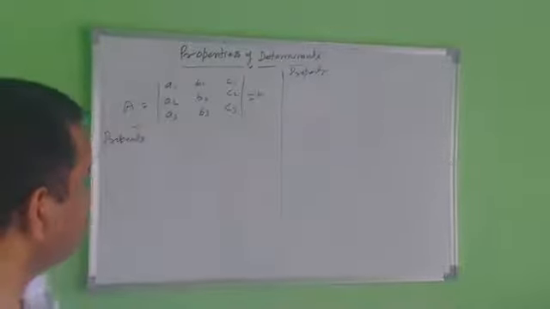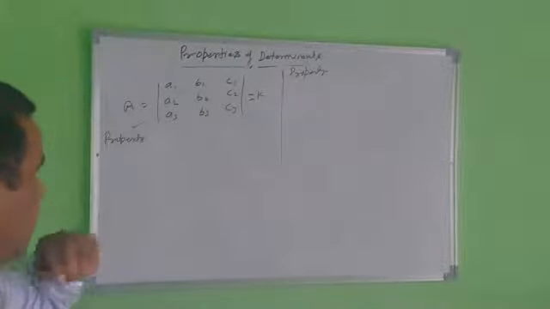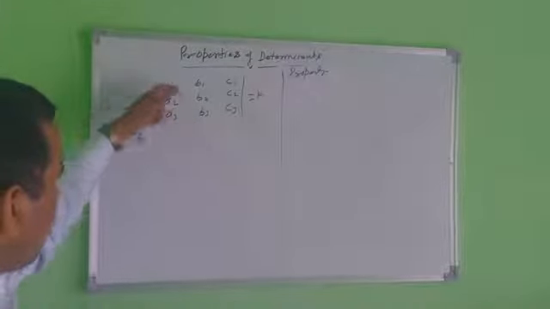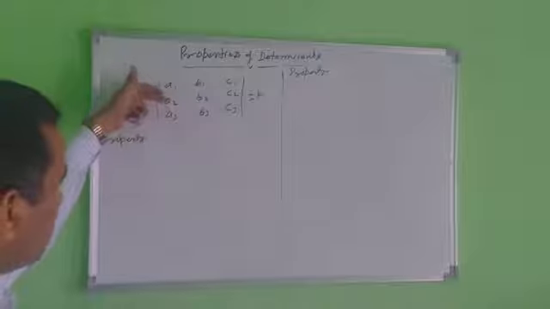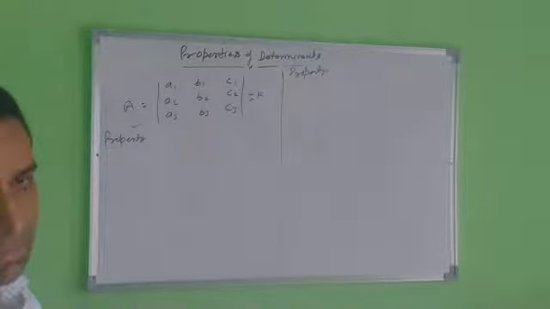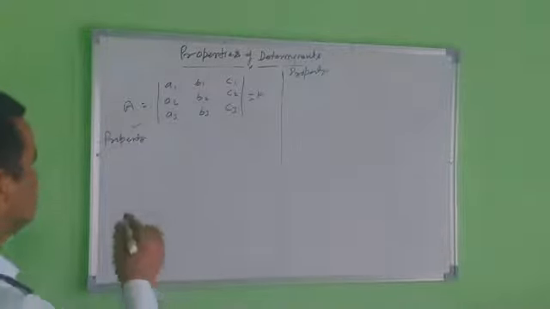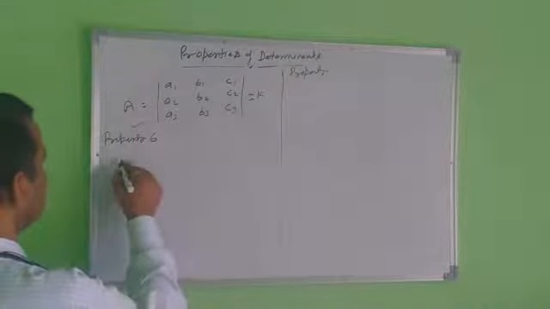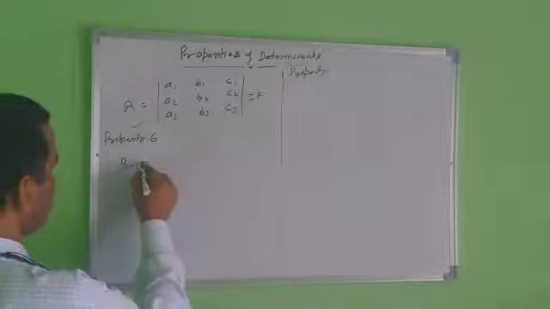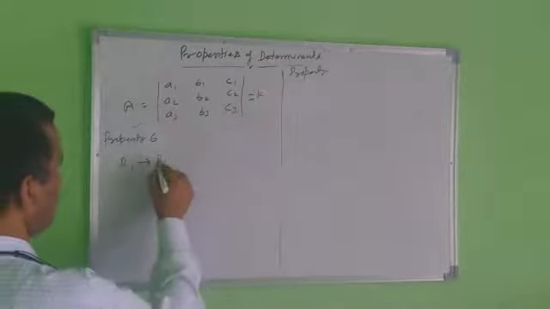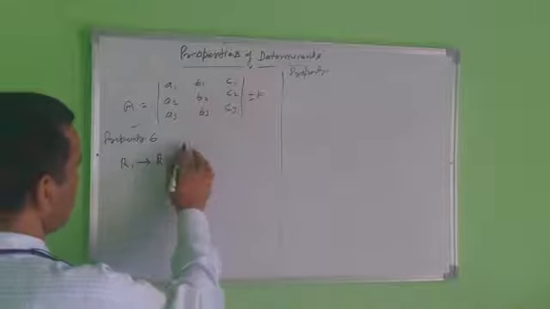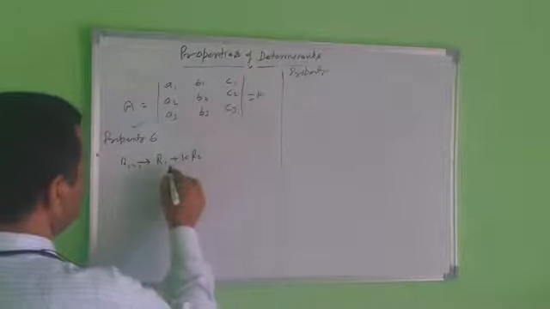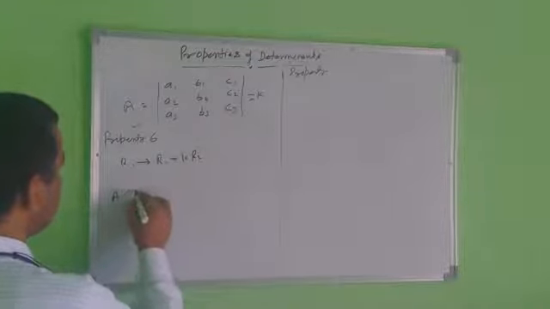Now look here. Suppose this determinant is given. When you are operating on this determinant, adding or subtracting rows, the value of the determinant remains unchanged. Suppose you operate R1 plus K R2, with K any number multiplied by R2, then the value of the determinant will not change.